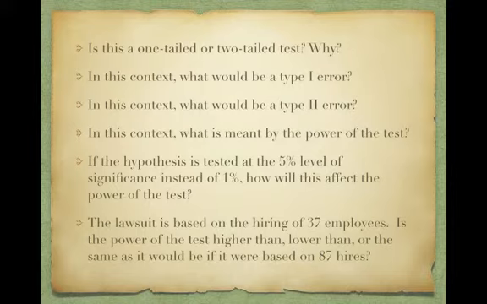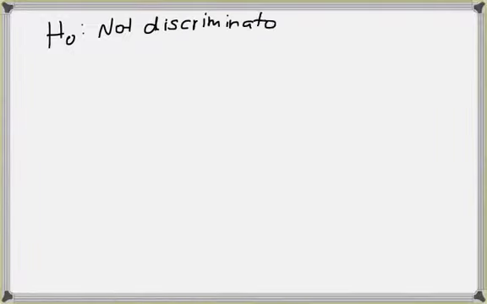Now the second part, in this context, what would be a type 1 error? So think about this. The company is claiming that it is not being discriminatory. So if we think about this in terms of a null hypothesis, the company believes it's not discriminatory. Someone is arguing with this, and they want to determine if the company is being discriminatory or not. Now, a type 1 error is where the null hypothesis is true, but we mistakenly reject it.